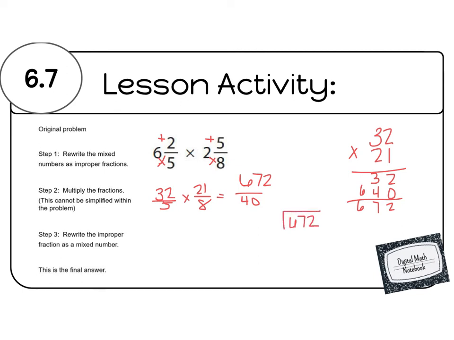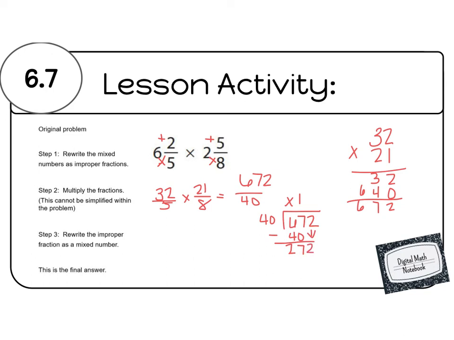672 divided by 40. So 40 doesn't go into 6, but it does go into 67. It only goes in one time, which is 40. And we subtract 7 minus 0 is 7, and 6 minus 4 is 2. So we're left over with 27, but we bring down the 2. So we have 272.